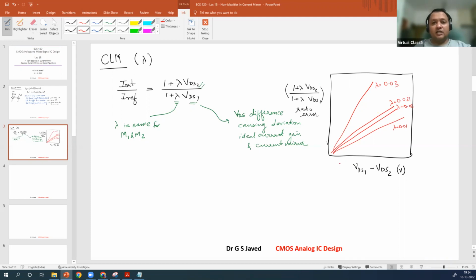Now, what is the impact of this change? First impact is, significant ratio error can appear, okay?